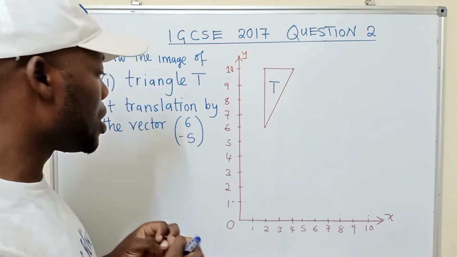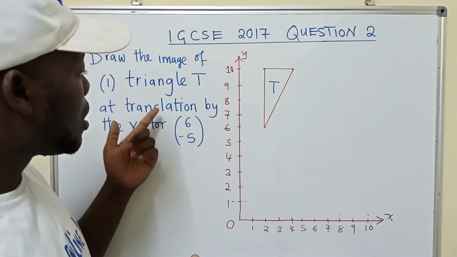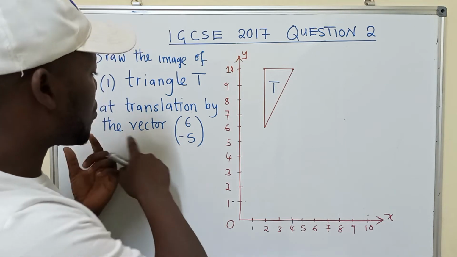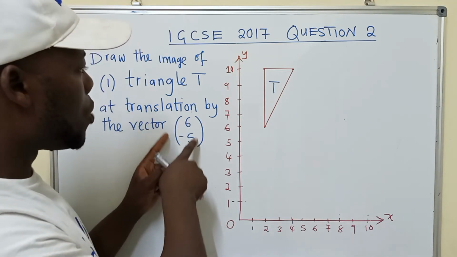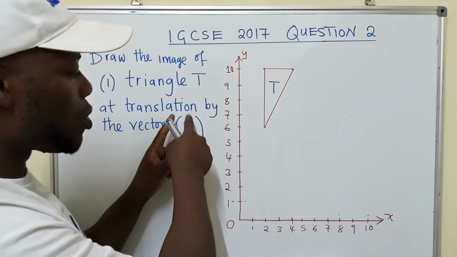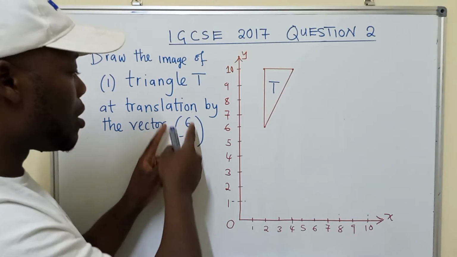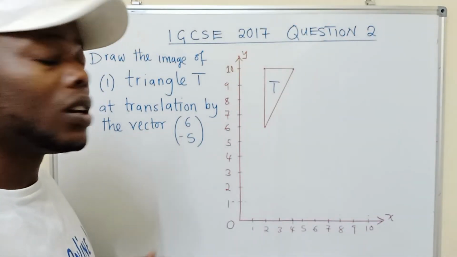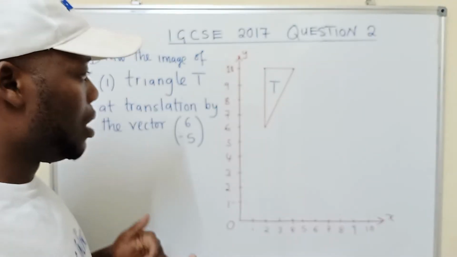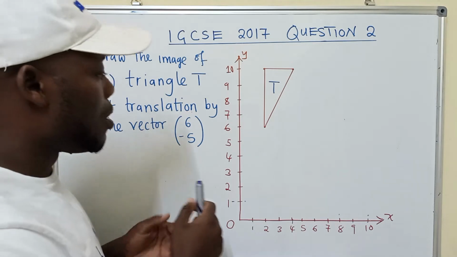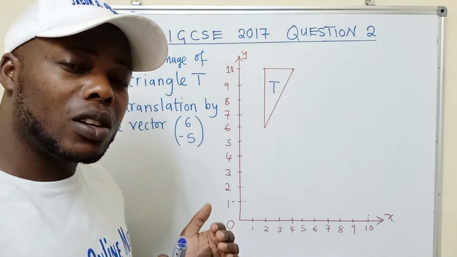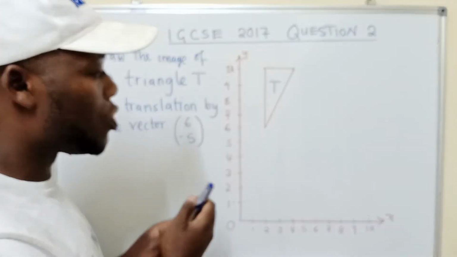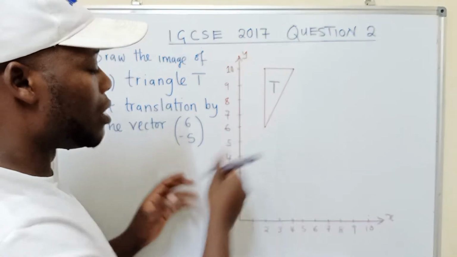It was on transformation, and the first question was to draw where this triangle will be if it was to be translated by this vector right here, (6, -5). So the first thing that you must do here is to identify the coordinates.